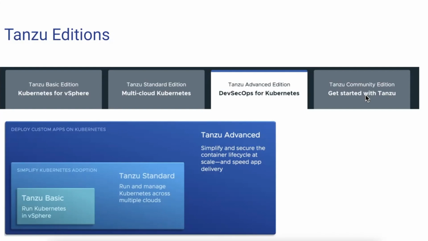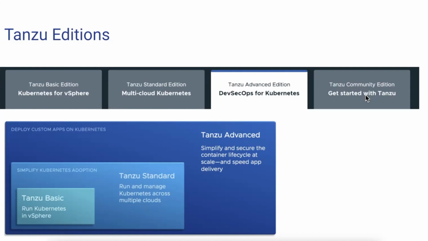And as we move further, Tanzu Advanced. So Tanzu Advanced is primarily targeted for when you are going to accelerate your modern application development and you are going to do the CI/CD and so many other things for the modern apps. That is where Tanzu Advanced provides several products and solutions to manage those things easily.